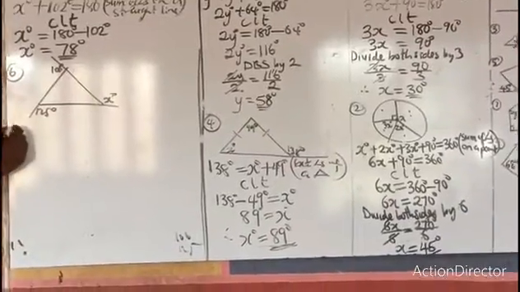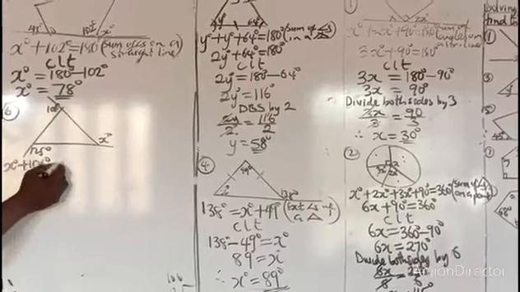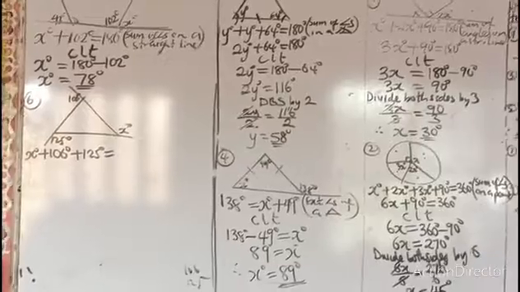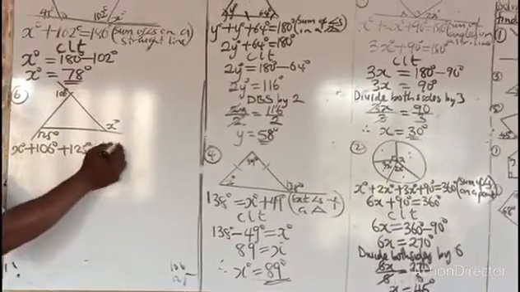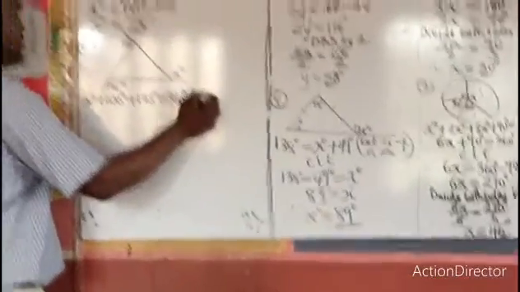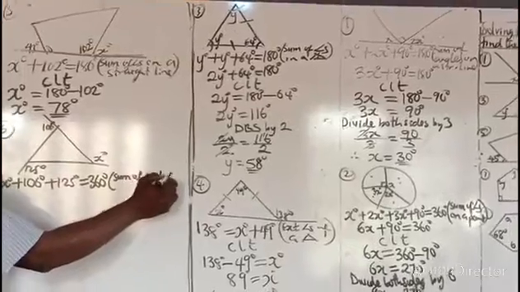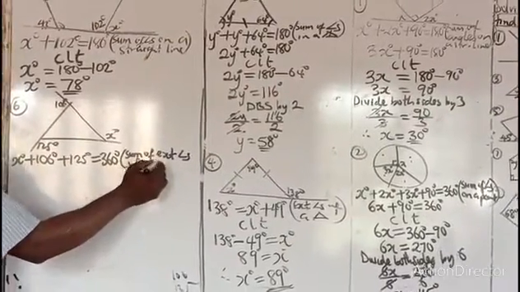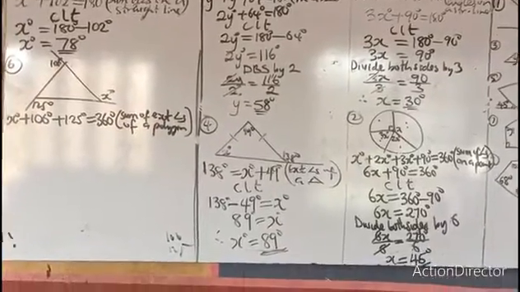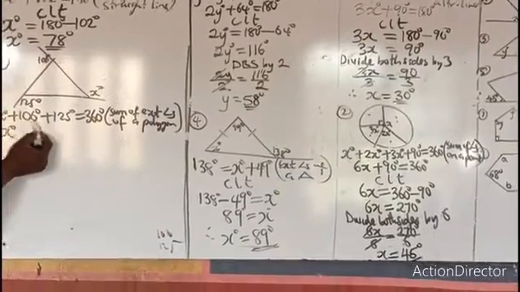So what do I just say? X degree plus 106 degree plus 125 degree must be equal to 360 degree. Why? Sum of exterior angles of a polygon. Are you seeing it? Then we solve this. X cannot add anymore, but these can add each other.